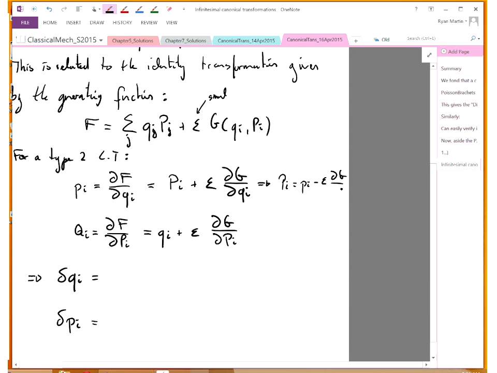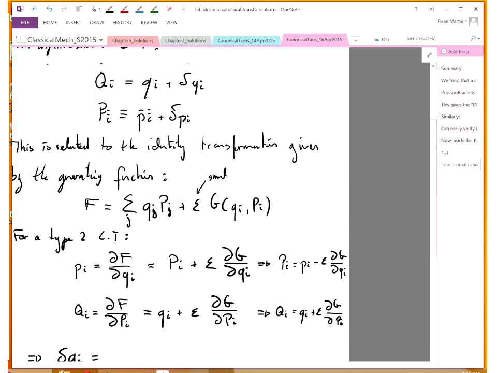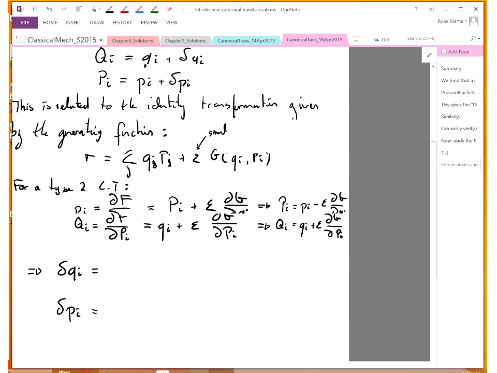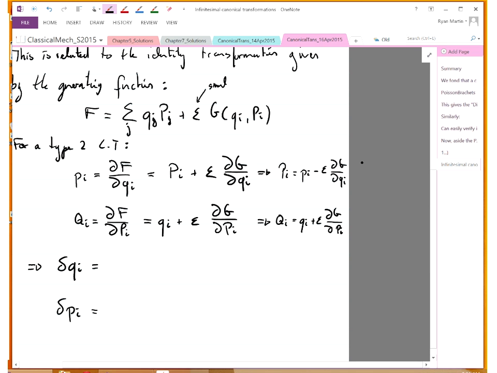The first equation tells me that capital Pi is equal to lowercase pi minus epsilon times the derivative of g with respect to qi. And if I look at the second equation, I have capital Qi is equal to lowercase qi plus epsilon times the derivative of g with respect to capital Pi, because I want to put the big letters on the left and the small letters on the right, just as I do up here.